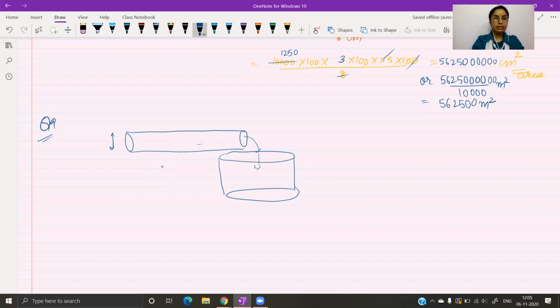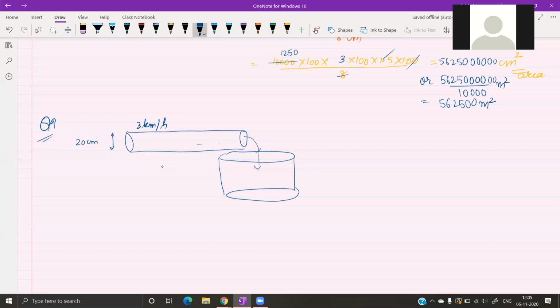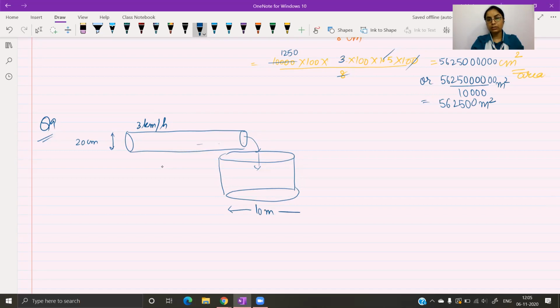For the pipe, the internal diameter is 20 centimeters. The speed of the water is 3 kilometers per hour. From the speed, we will be using this distance as the length or the height of the pipe or the section through which the water flows in 1 hour. And then the tank in the field is 10 meters in diameter and its depth is 2 meters.